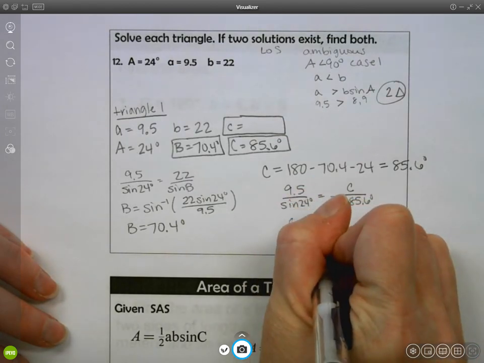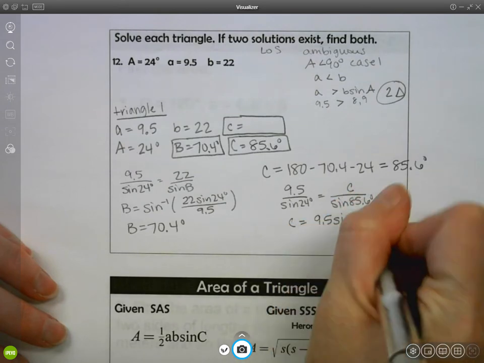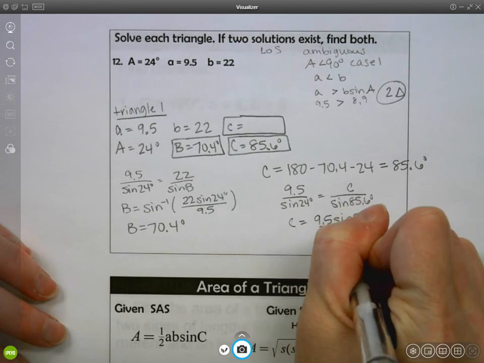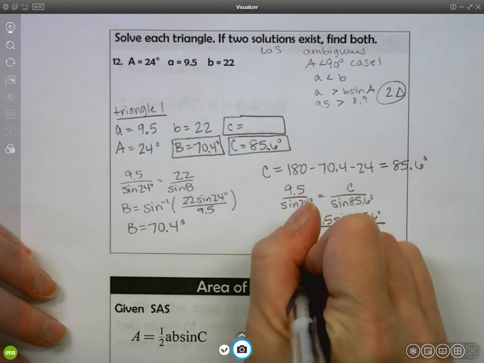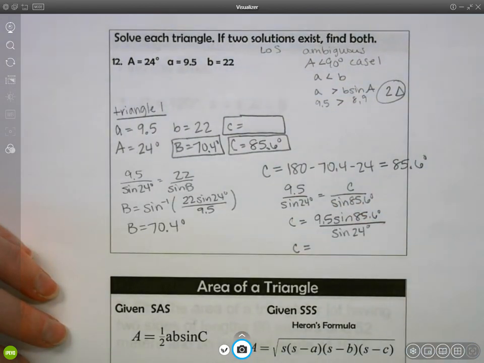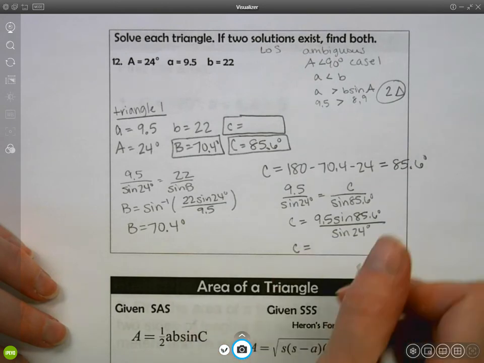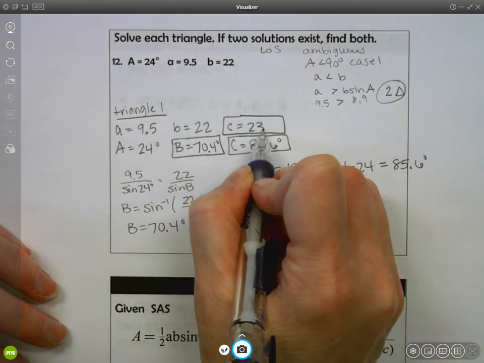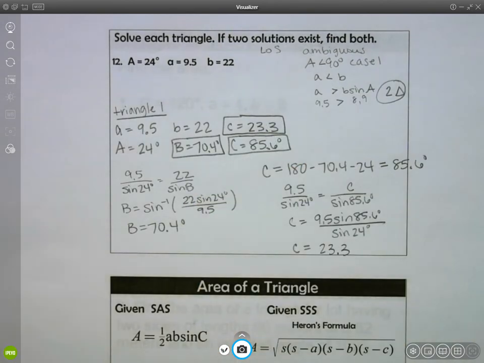So C is whatever you get when you do 9.5 sine of 85.6 over sine of 24, which is 23.30. All right, so that's triangle 1.